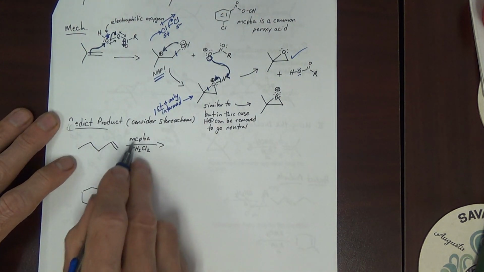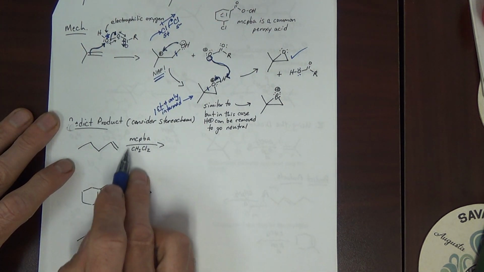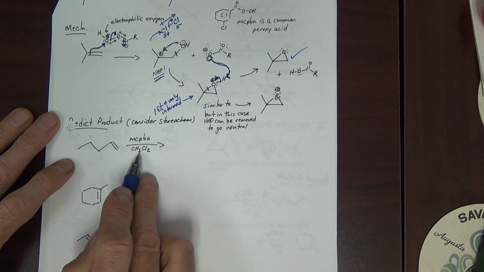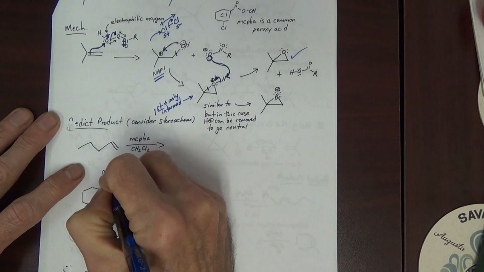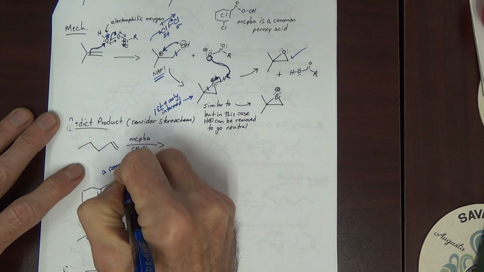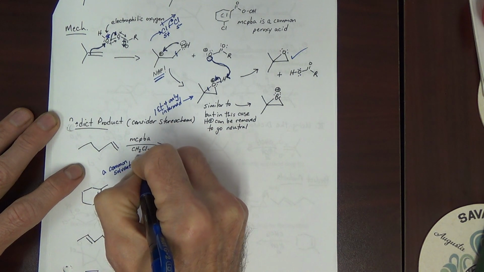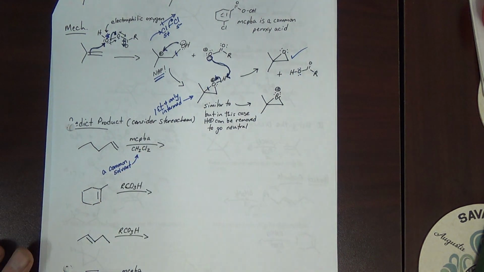And if we show this down here, first off we assess, what do we have here? A peroxy acid. This is dichloromethane, okay? That's just a common solvent. And it's inert to most any of these reagents that we've been talking about.